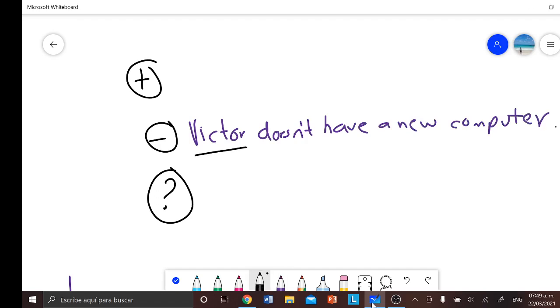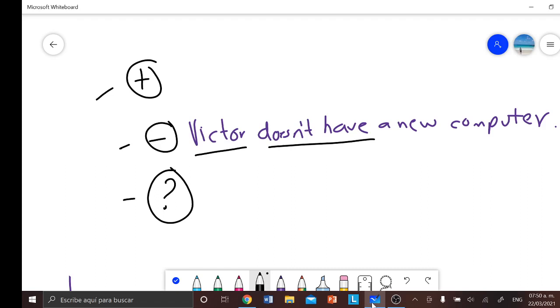Acuérdense que Victor is from the subjects from the group number 2. Por eso utilizamos doesn't have. Ahora, the same information provided, con la misma información dada, se tiene que hacer the affirmative sentences or the negative form. Pero a fuerza vamos a tener que hacer la pregunta. Entonces simplemente va a ser poner lo mismo, pero in the different ways that we already know, en las formas diferentes que hacemos.